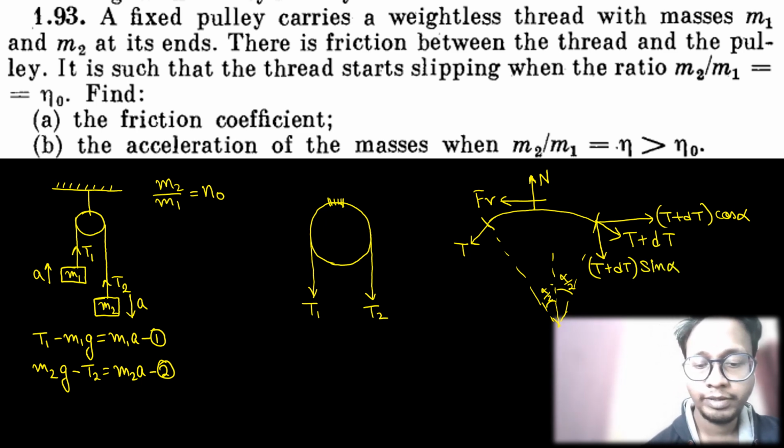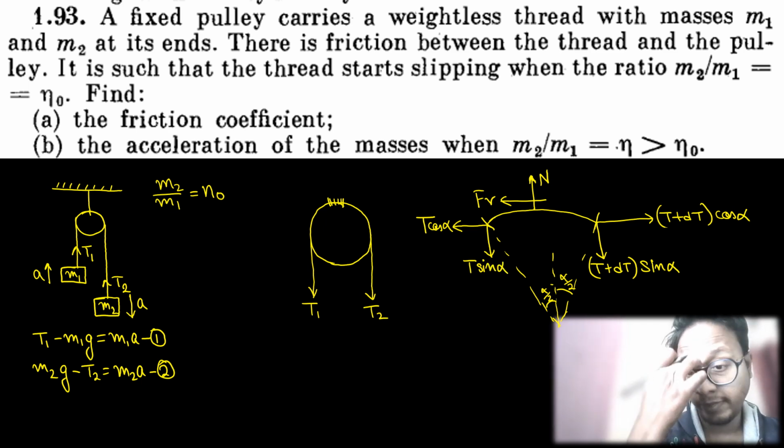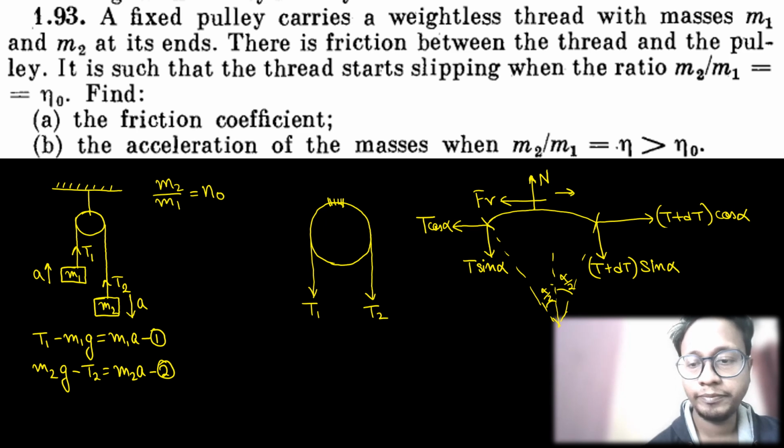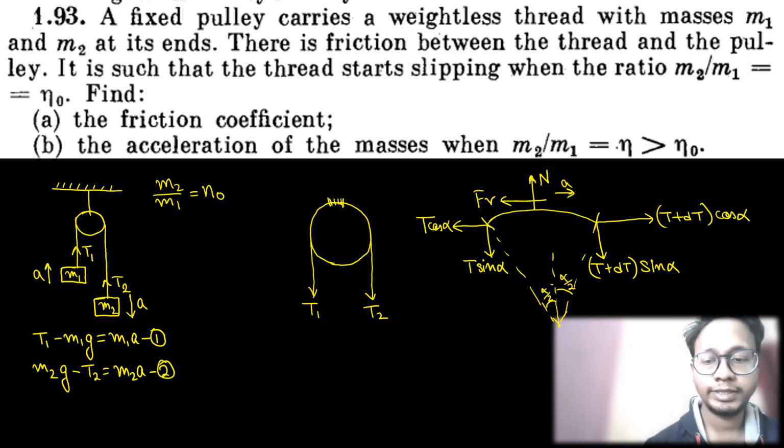Similarly, if I resolve the T force out here into horizontal and vertical components, it would be T cos alpha and T sin alpha. This rope is accelerating towards the right. So let's write the vertical component of the equation first.